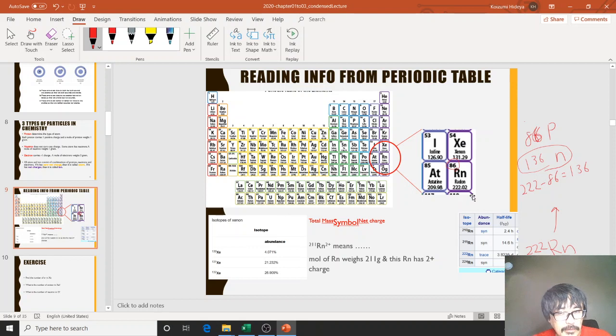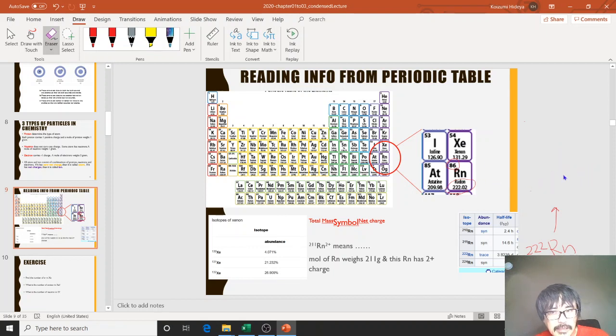Now you may be wondering, what's this 222.02? Where does this come from? First of all, these are atomic weights.